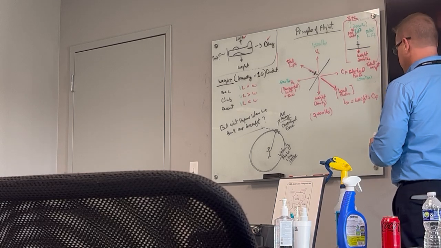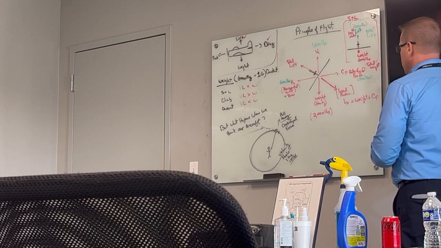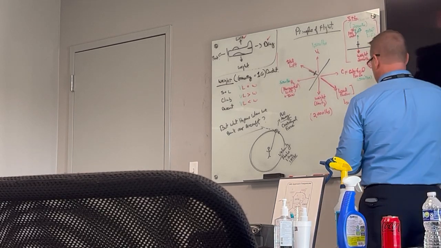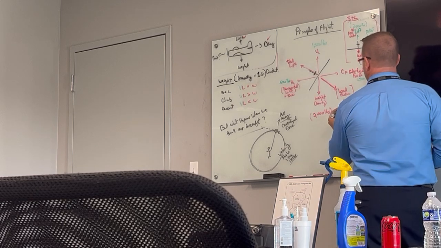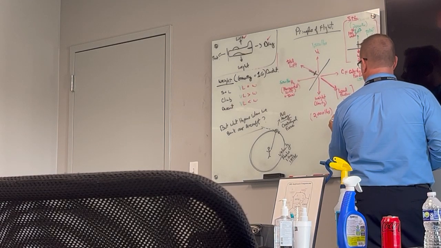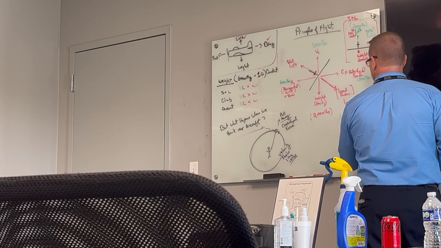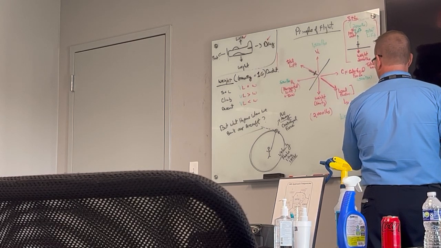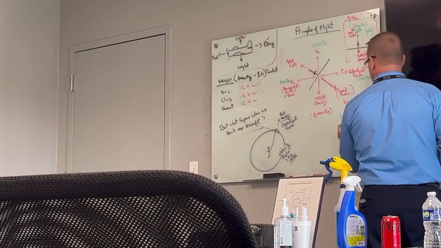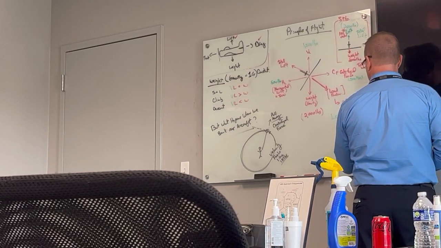So in this case, that would equal, so load factor in this case is going to equal weight, 2,000 pounds, plus our 500 pounds of centrifugal force. Our load factor is going to be 2,500 pounds.